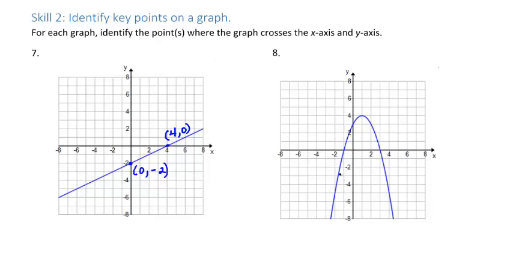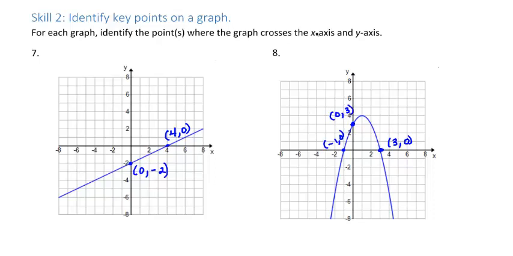In number 8, we have a shape of a parabola, so it is crossing the x-axis in 2 different places at the point 3, 0 and at the point negative 1, 0. And it's crossing the y-axis at this y value of 3, which is the ordered pair 0, 3.